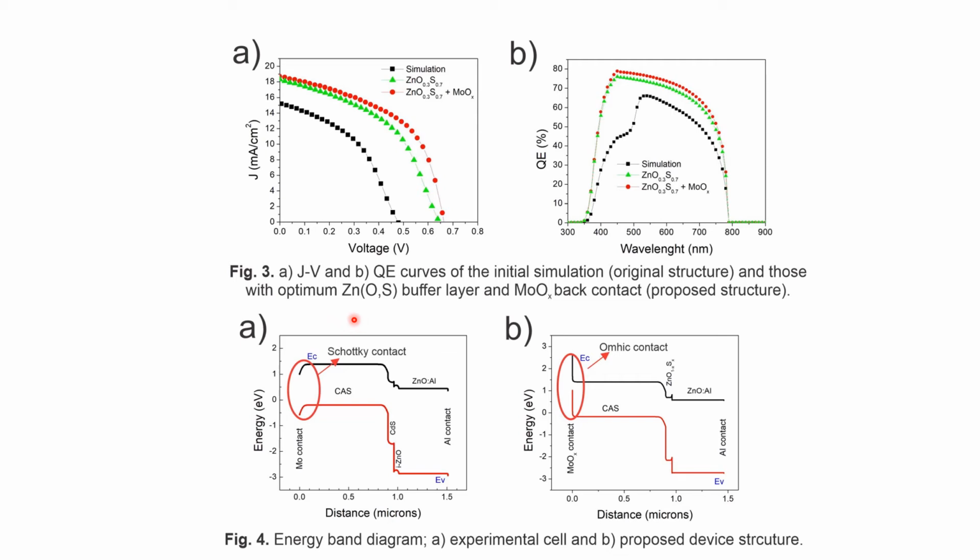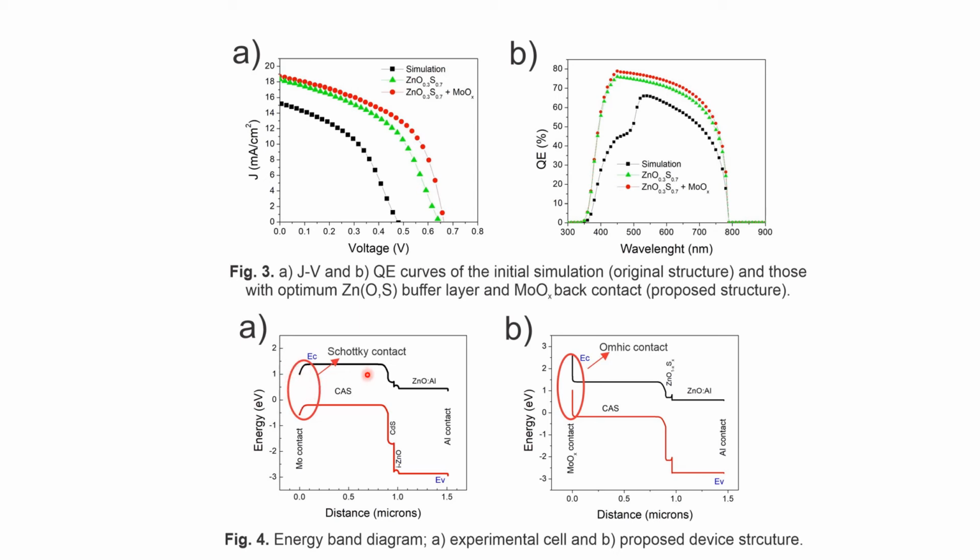Then we have in this figure 4 this energy band diagram where we can see the energy and how the conduction and valence bands of the different layers that make up our device are coupled. In section A, we can see the band diagram of the original structure and the presence of the Schottky type contact between the copper antimony sulfide layer and the molybdenum back contact.